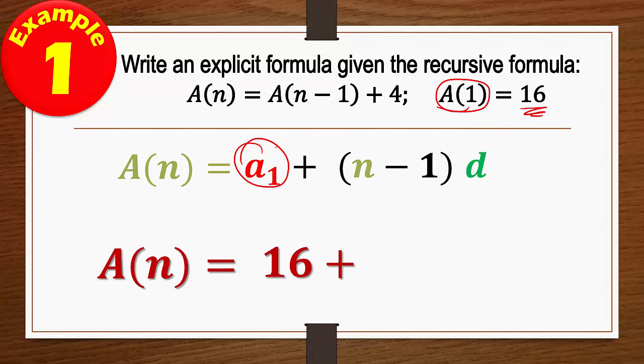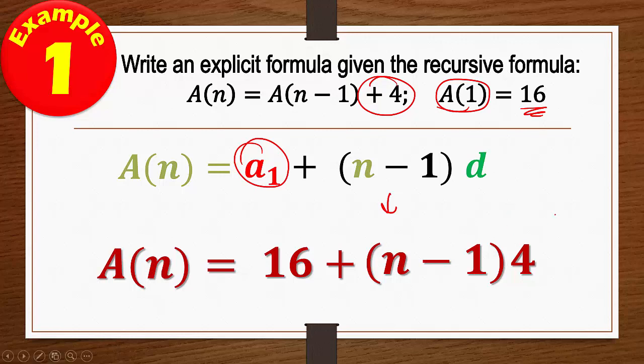And you can tell from here that the common difference is a positive 4. Remember, when we're just writing a formula, we're not actually solving for anything in it. This is going to go straight down, and because this is plus 4, we're just going to add the 4 on the end. If this was minus a number, like I said yesterday, this wouldn't be a 4. This would be in parentheses and then negative whatever that number was.